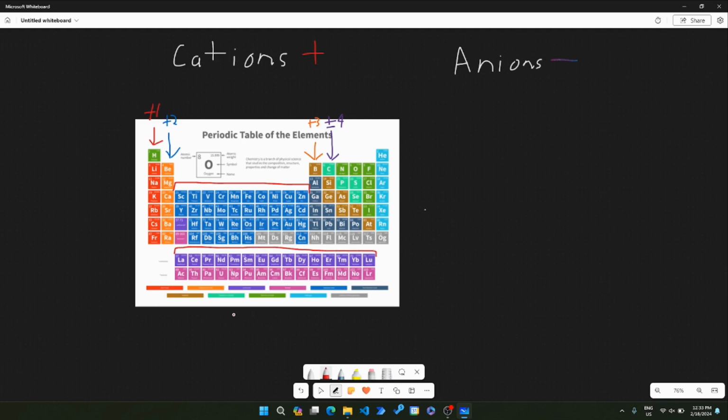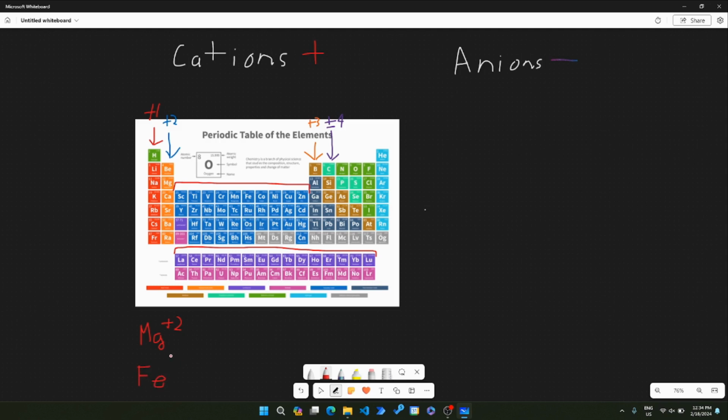These guys form multiple ions. So what do I mean by that? Well, if we look at magnesium, magnesium only forms one ion, Mg +2, where it loses 2 electrons. But iron can form 2 ions.